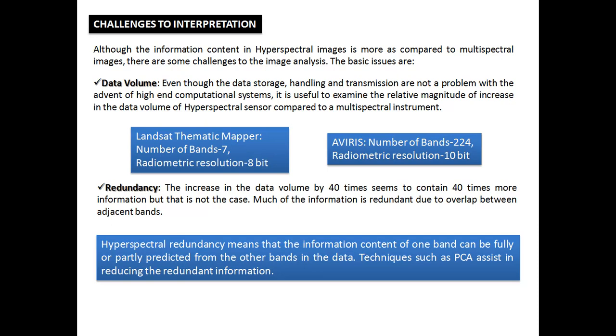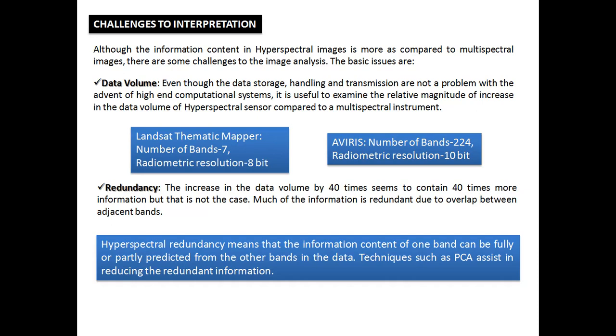In the case of data volume, hyperspectral datasets are huge in volume compared to conventional multispectral or superspectral datasets. For multispectral and superspectral datasets, we can have about 6 to 11 or 15 bands at most.